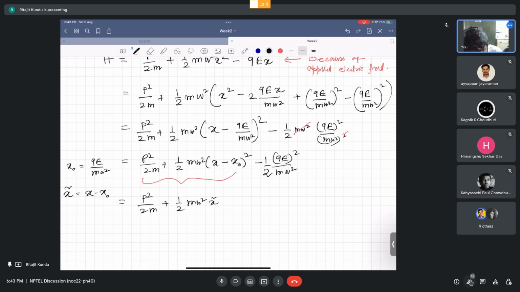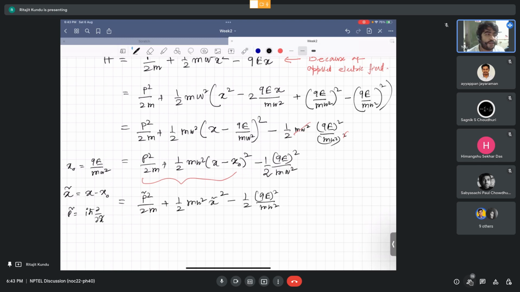So it is x tilde square minus half q e square by m omega square. Yes, it will be x tilde square, I missed that. So we are doing a formal change of variable. Let me write p also as p tilde, so p tilde is minus i h bar del x tilde.